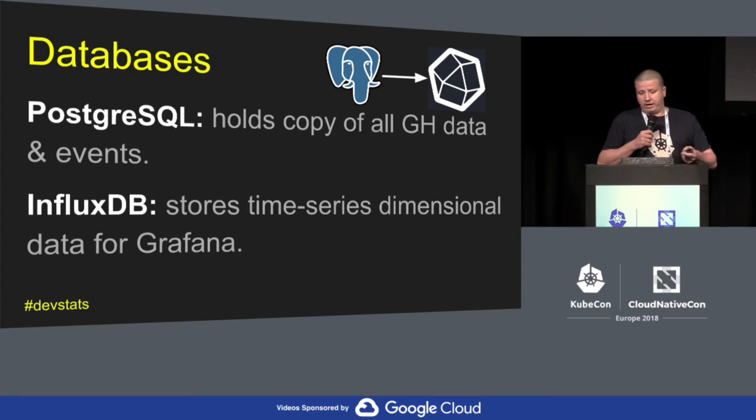Now, the other databases. As I said, PostgreSQL holds a copy of our historical GitHub data. InfluxDB is used solely for displaying time series. It's the data source for Grafana, which is finally used for displaying data. We are using 2 databases because calculating Postgres metrics is very complex for some of the metrics.